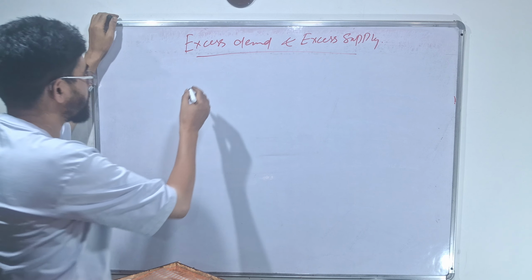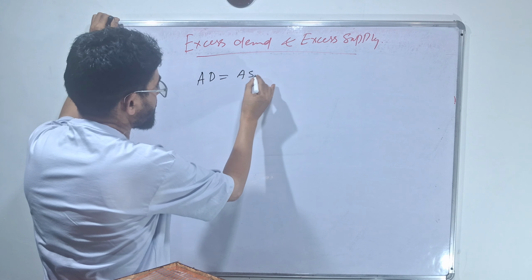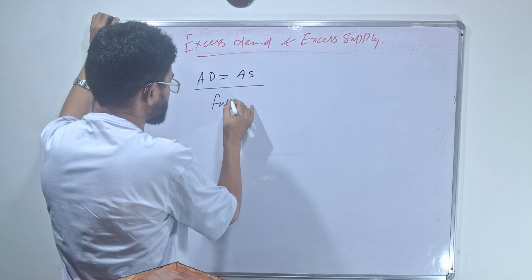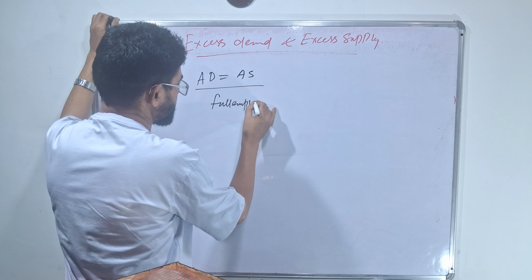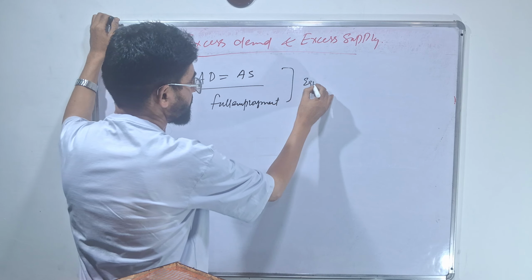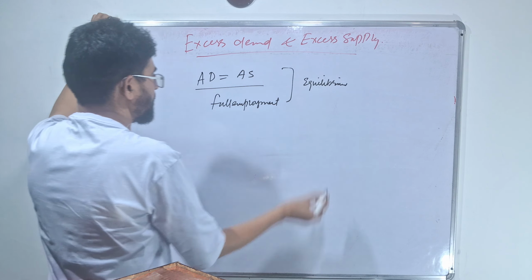At that time I told you that when aggregate demand is equal to aggregate supply, we call this corresponding to the full employment level. Full employment, this we call equilibrium. This is called the full employment level of equilibrium.